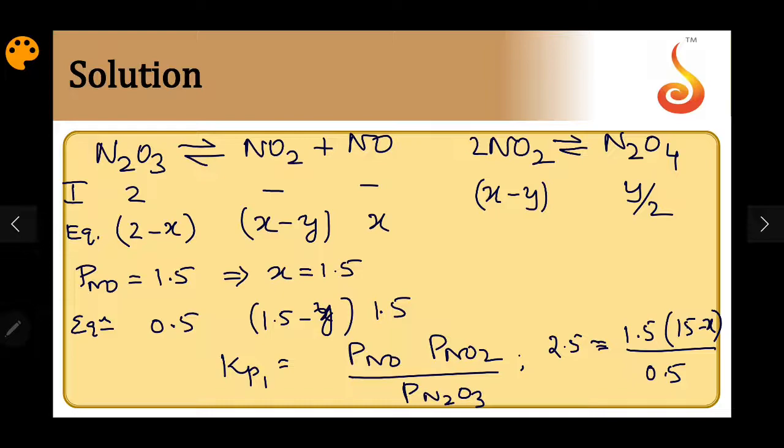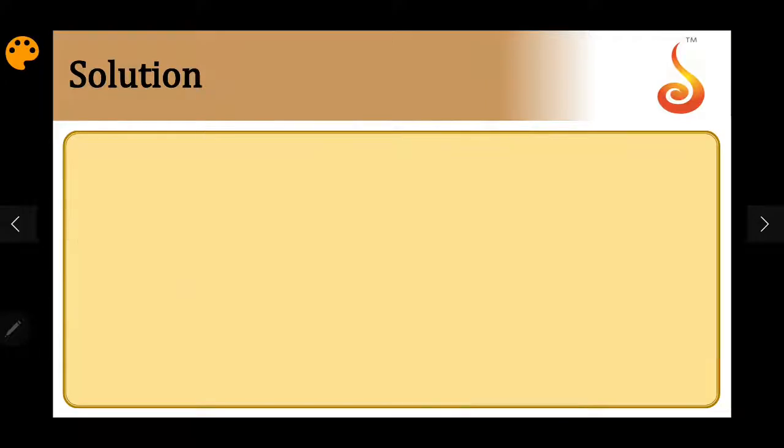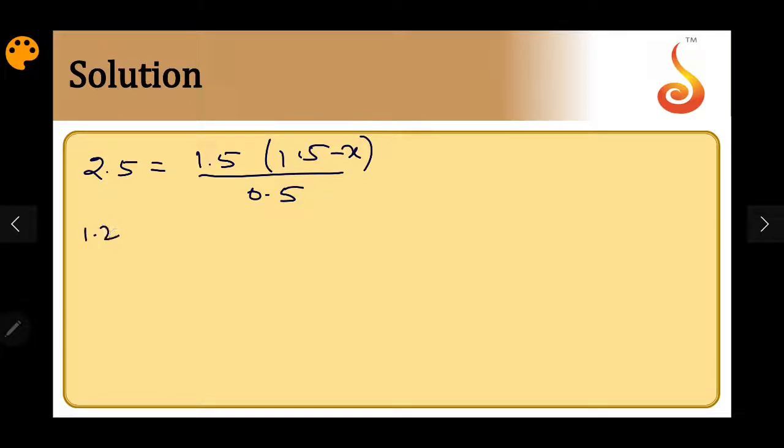Okay. So I'll go to the next slide. I'll write it again. 2.5 is equal to 1.5 into (1.5 minus y) by 0.5. If you simplify, 2.5 into 0.5 is 1.25, which is equal to 1.5 into (1.5 minus y).